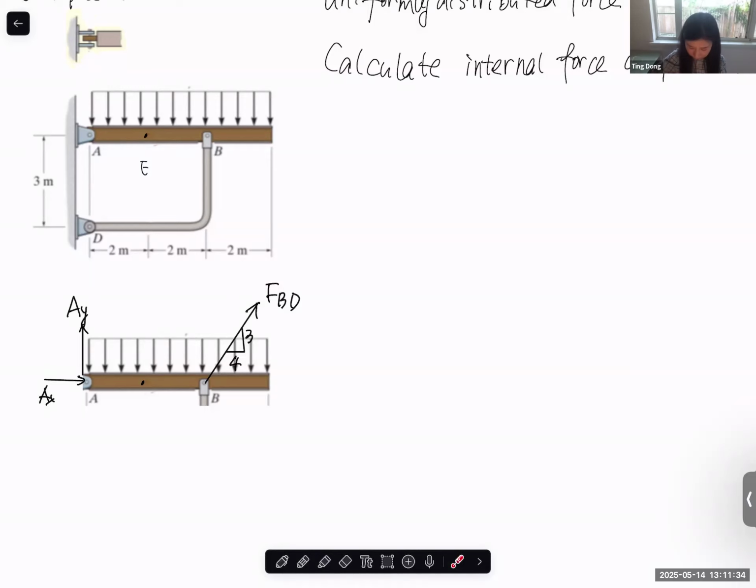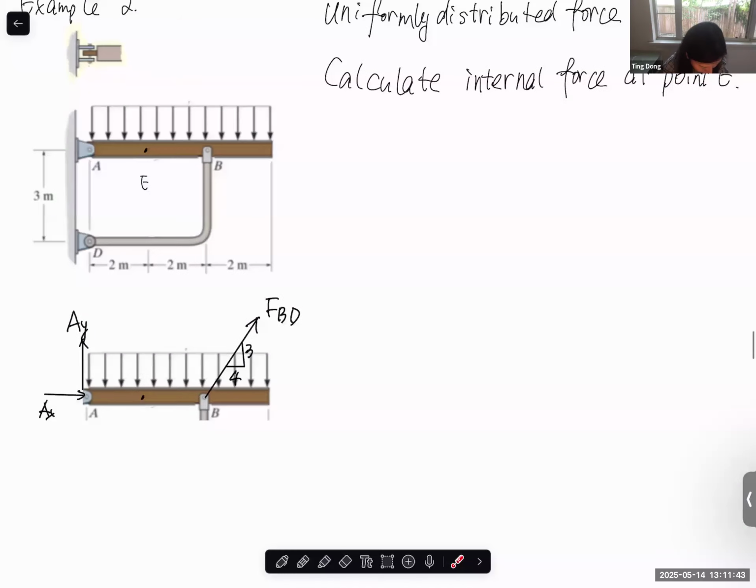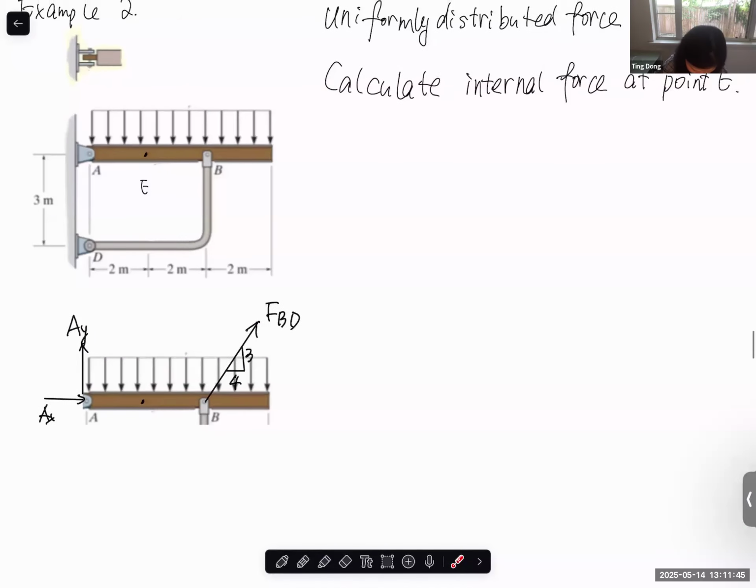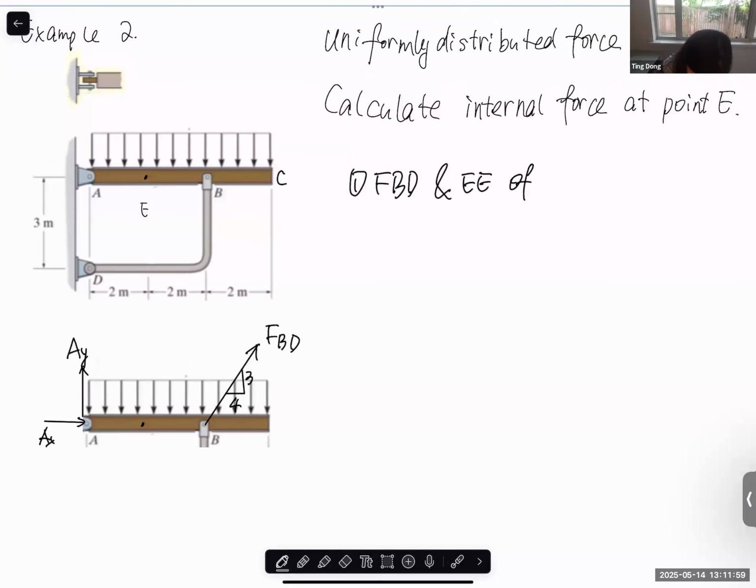So for a complicated situation, we can just put everything in the positive direction first. Now for the free body diagram and equilibrium equation of the AC section. This is the C point of the AC section.